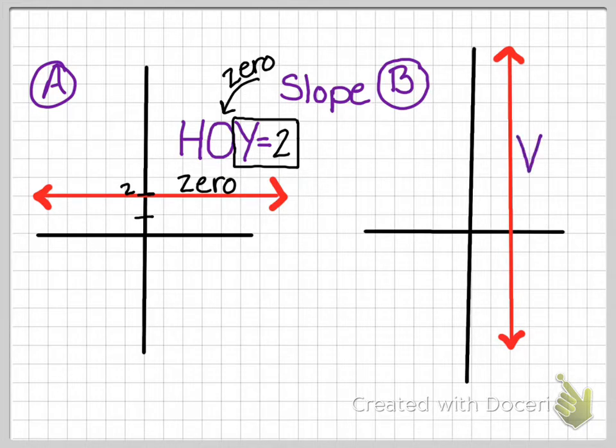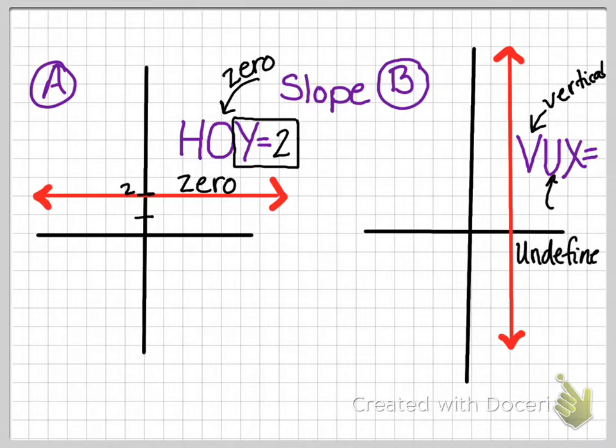Vertical starts with V, and the word that goes with vertical is VUX, which is x equals. So this is going to be a vertical line. And the U stands for, do you remember? Undefined.